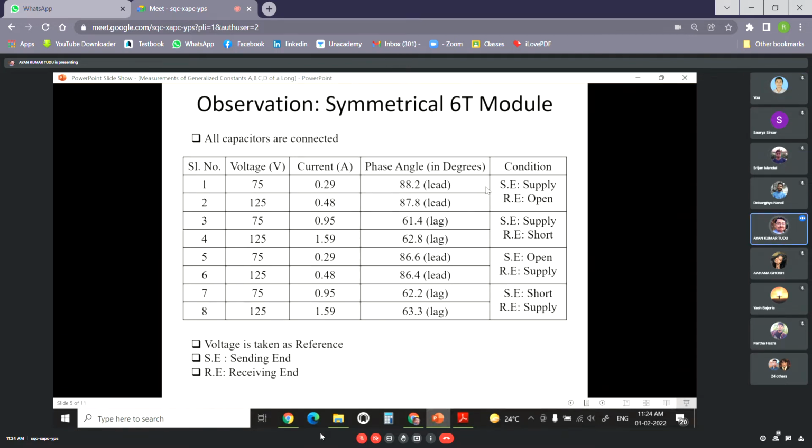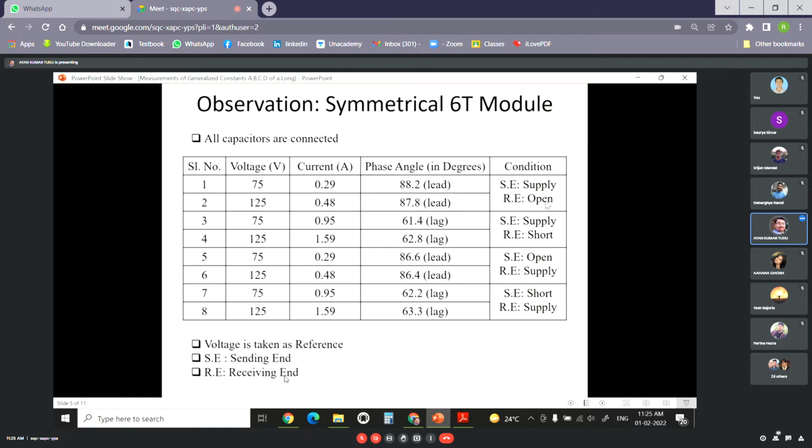As you can see, when the receiving end is open, the current is leading in nature, whereas when the receiving end is short, the current is lagging in nature. Whenever the receiving end is open, because a long transmission line has a large capacitance, if such a line is open circuited or very lightly loaded at the receiving end, the magnitude of the voltage at the receiving end becomes higher than the voltage at the sending end.